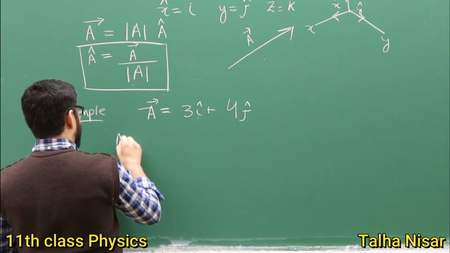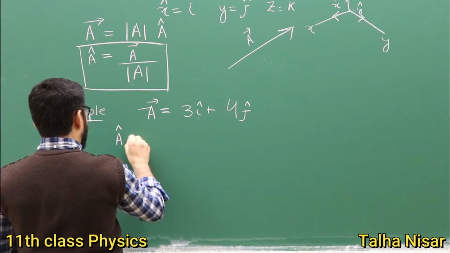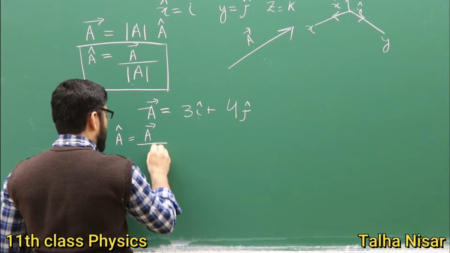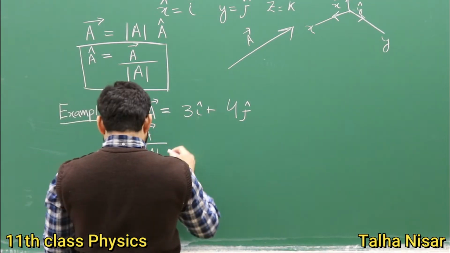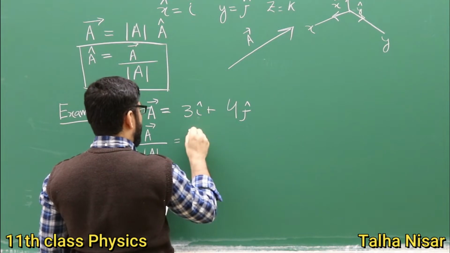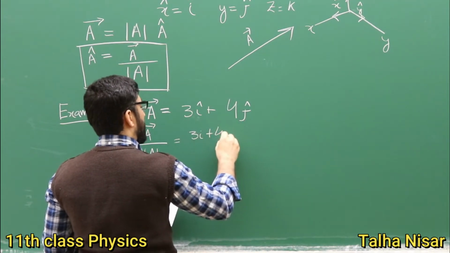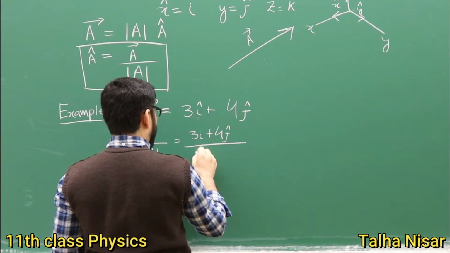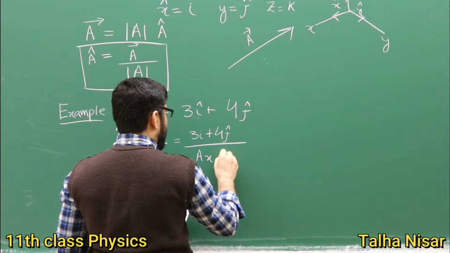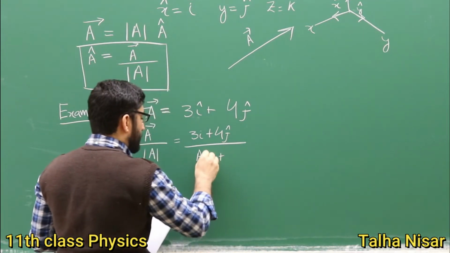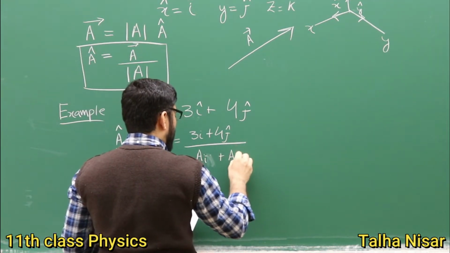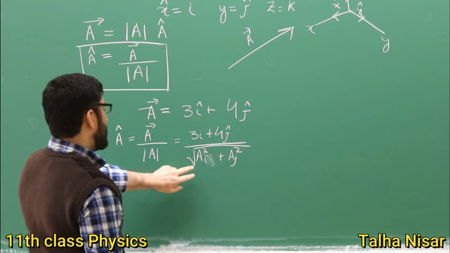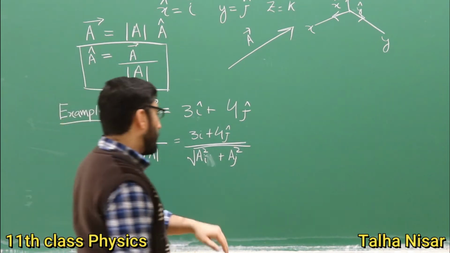So for the unit vector, we will use this relation: the vector itself divided by the magnitude. The vector is 3i plus 4j, divided by the magnitude, which is the square root of ai squared plus aj squared. This is how we discussed it in our previous vectors lecture.